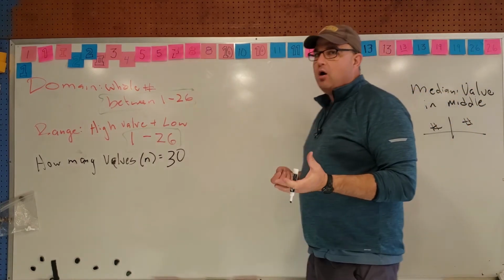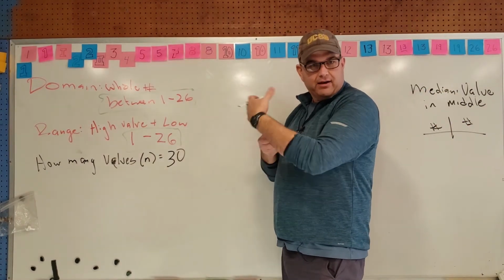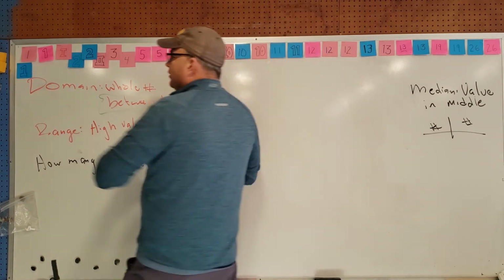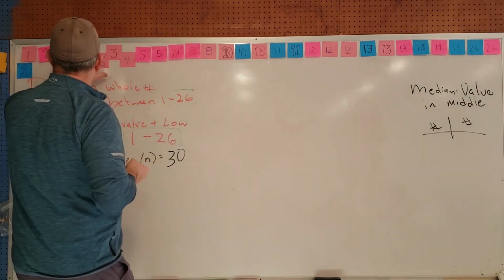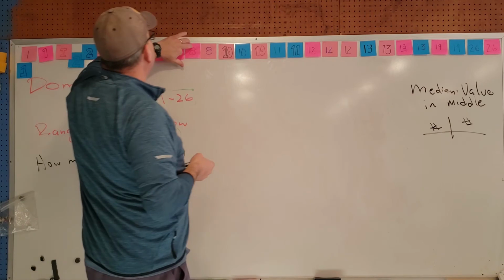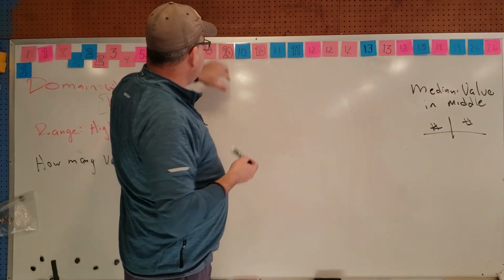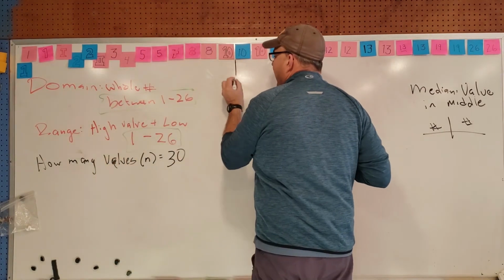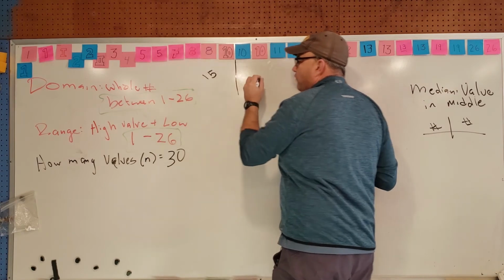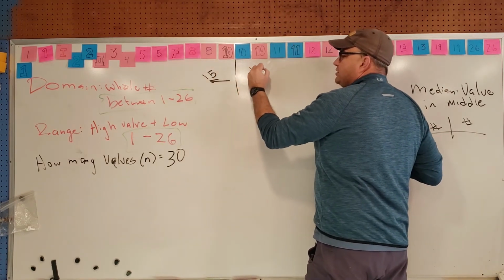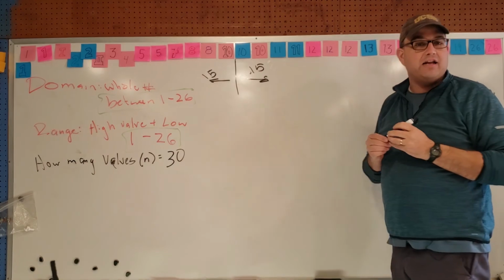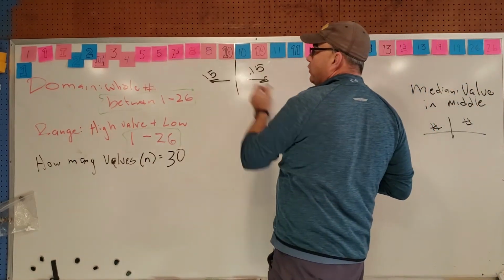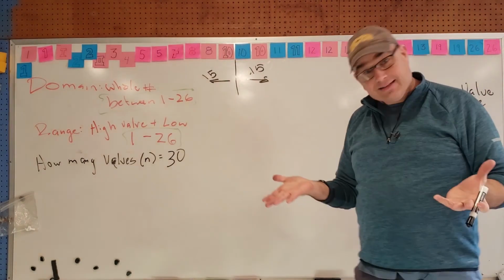I know that there's 30, so I'm going to count up 15 values. 1, 2, 3, 4, 5, 6, 7, 8, 9, 10, 11, 12, 13, 14, 15. So there's 15, and there's going to be 15 over on that side, and 15 over on this side. And it just so happens that line lands right there between our two 10s.